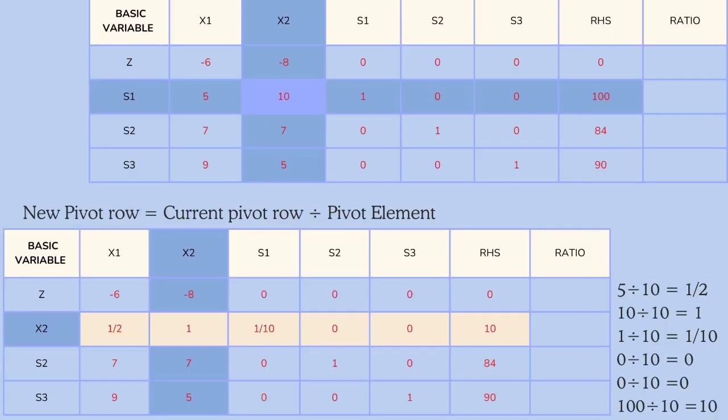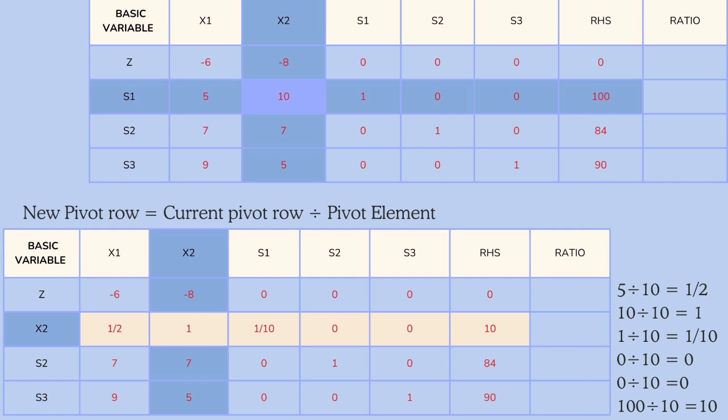So, next naman is yung leaving value. Kukunin natin yung ratio ng right-hand side natin dun sa napili nating pivot column or yung ating entering value. So, ang ating requirement dyan is minimum positive ratio. Then, paano ba siya i-solve?